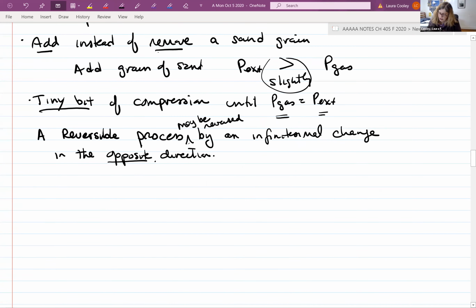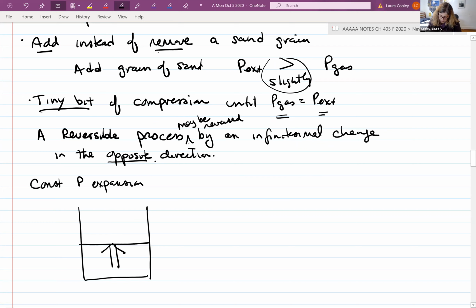So let's think back to the constant pressure expansion, where we had something that looks like this. You have a larger pressure on the outside and a small pressure on the inside. And you had these pins here, but then someone comes along and takes those pins out, and this thing goes whoosh, right?